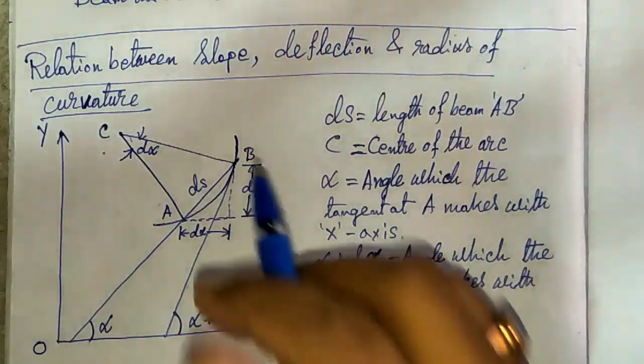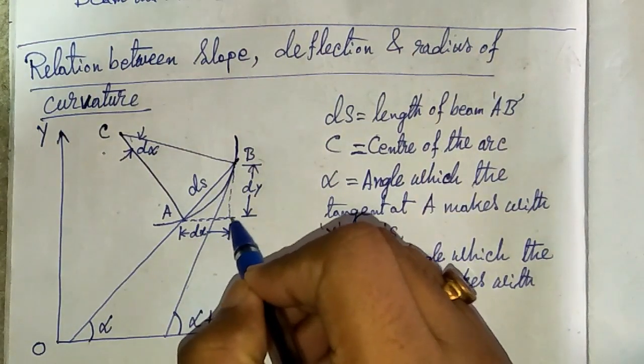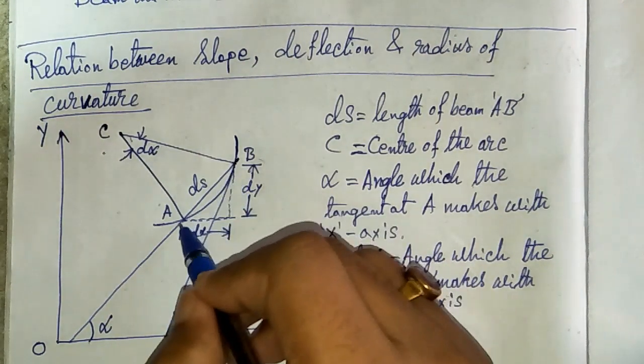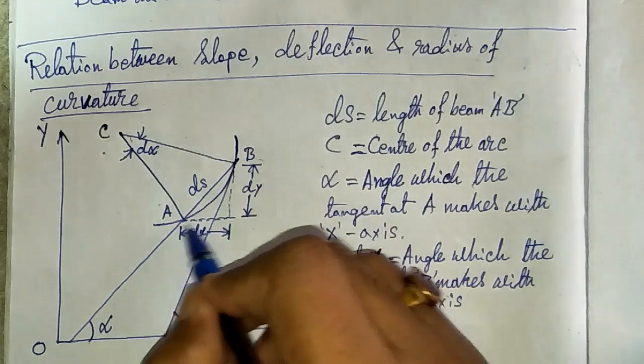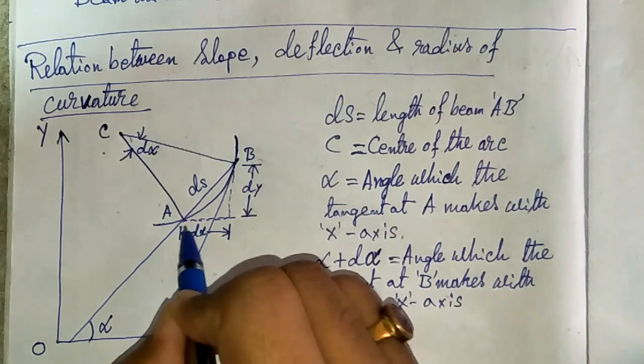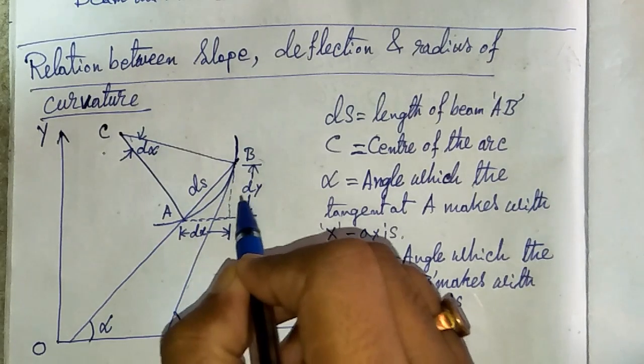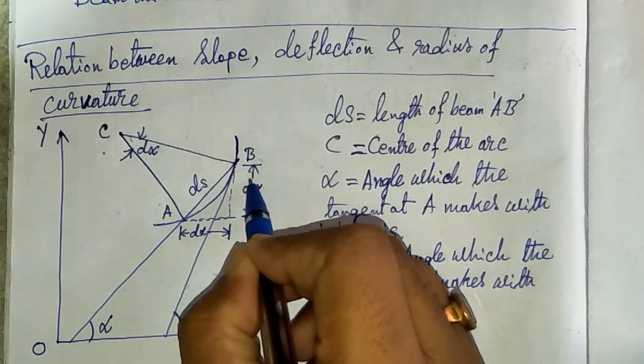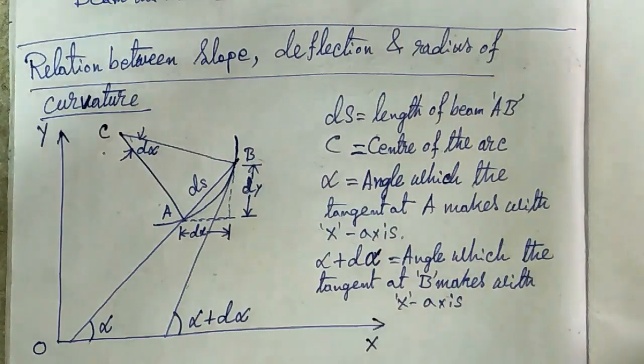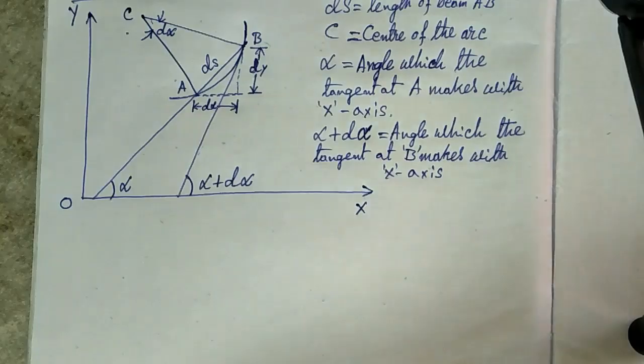We can also assume a differential triangle with base dx and height dy, and hypotenuse ds.